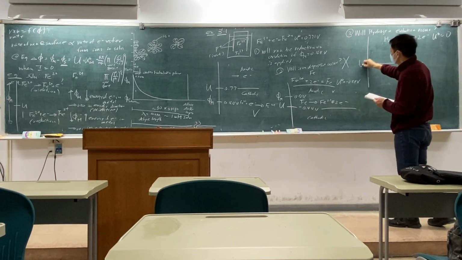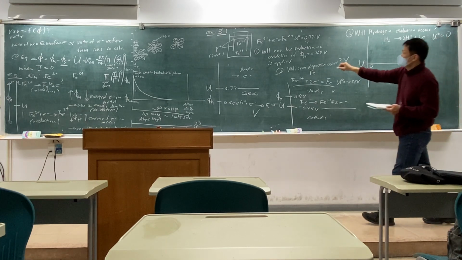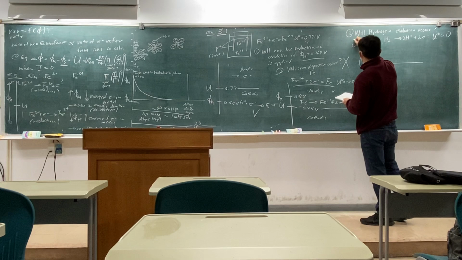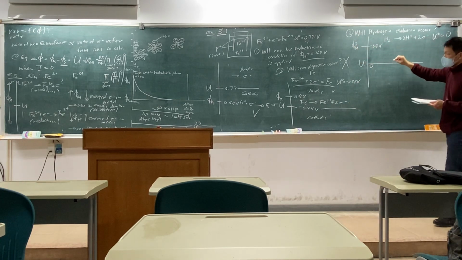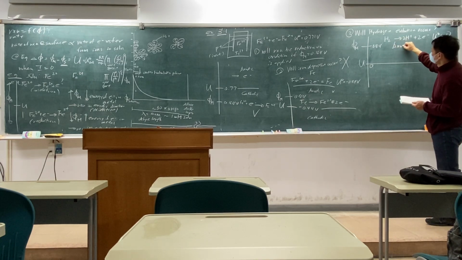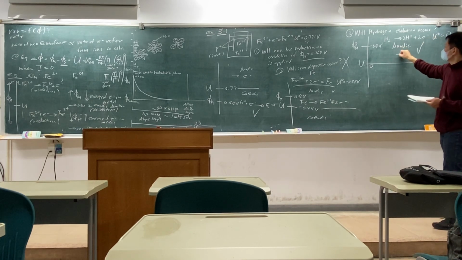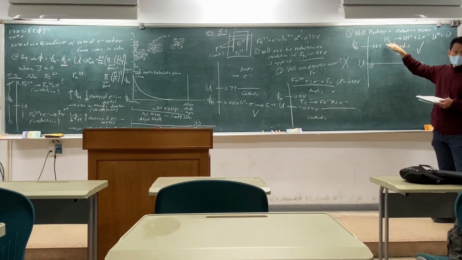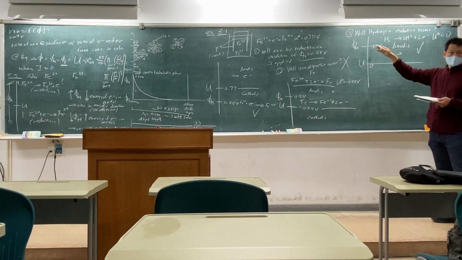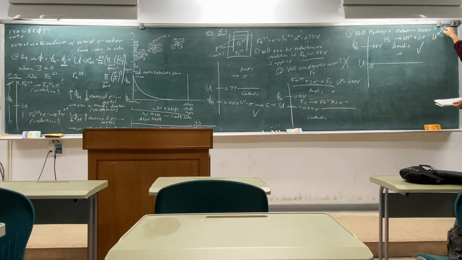So U is 0, and the applied potential is at 0.44 volts. Again, we're in the anodic direction, and the anodic region means the electron is on the right-hand side. So hydrogen evolution is on the left-hand side of the reaction equation, so hydrogen evolution will not occur. Make sense?